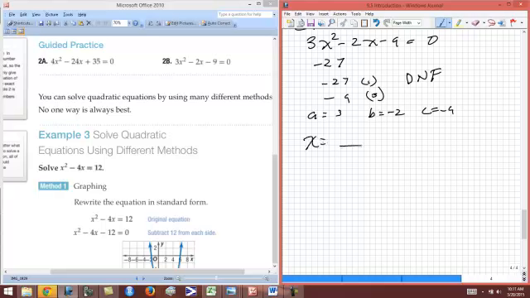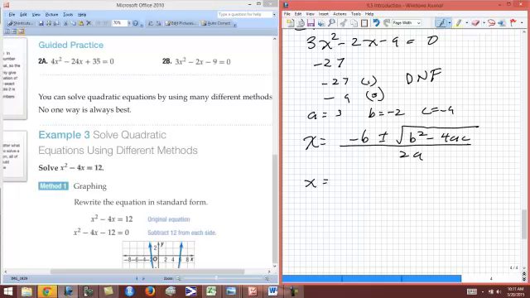X equals minus B plus or minus the square root of B squared minus 4AC all over 2A. And now plug the numbers in and go. So X equals, oops, I don't want that.